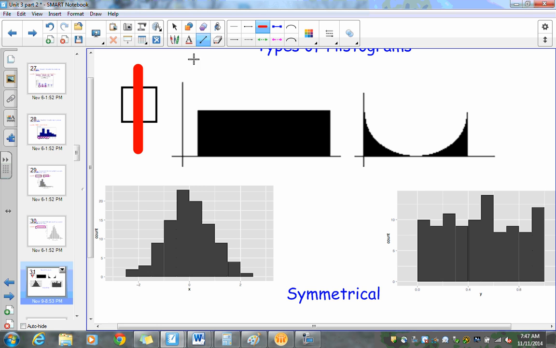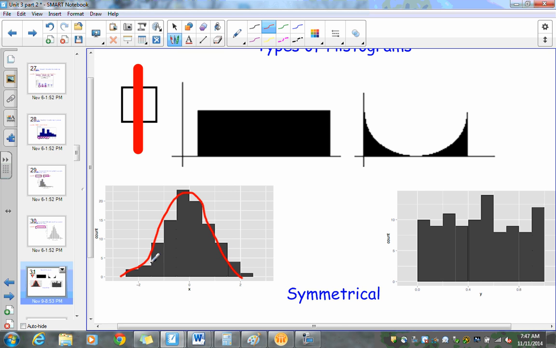It's the same concept for a histogram, except one thing, and that is you have to first determine what is kind of like the constant line, or if I drew a line, what would be the constant distribution of my data here.